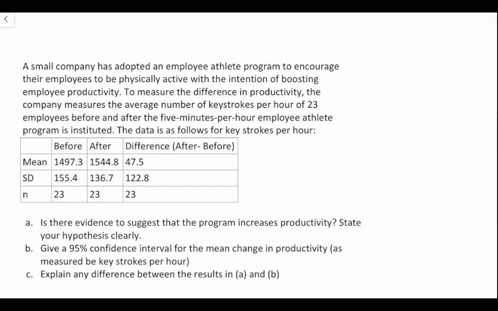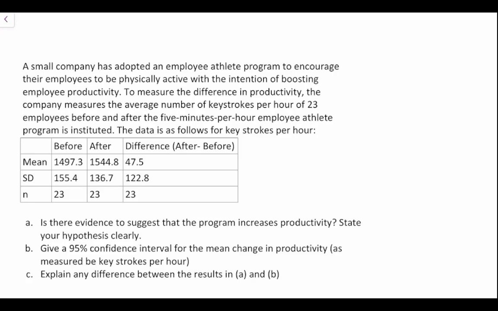A small company has adopted an employee-athlete program to encourage their employees to be physically active with the intention of boosting employee productivity. To measure the difference in productivity, the company measures the average number of keystrokes per hour of 23 employees before and after the 5-minute per hour employee-athlete program is instituted.